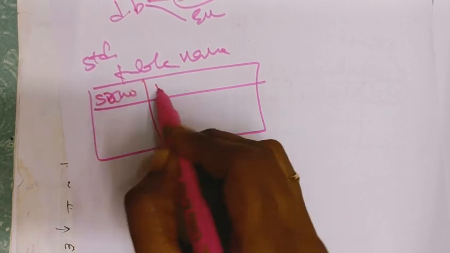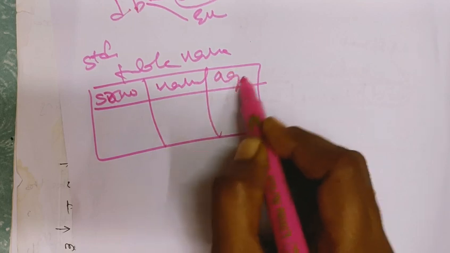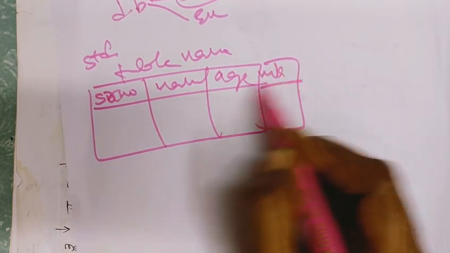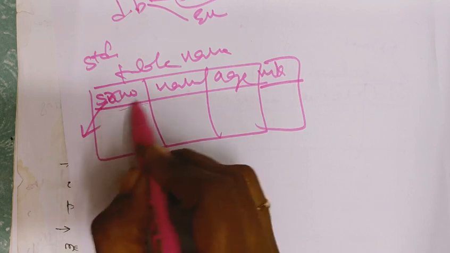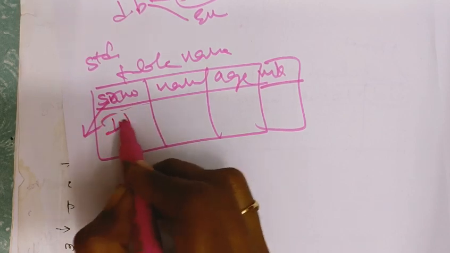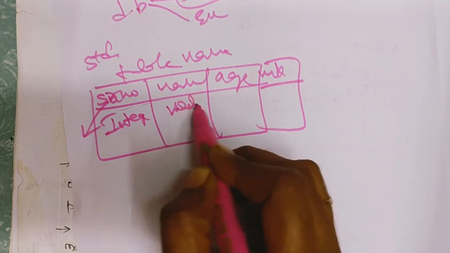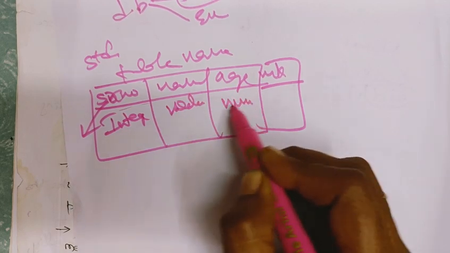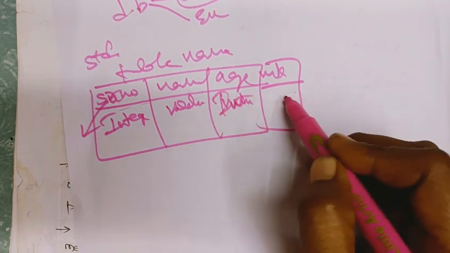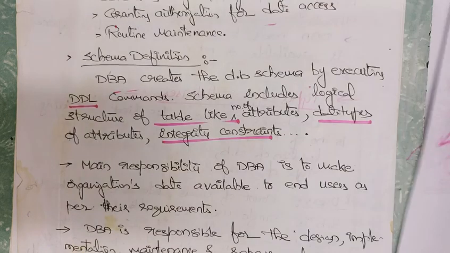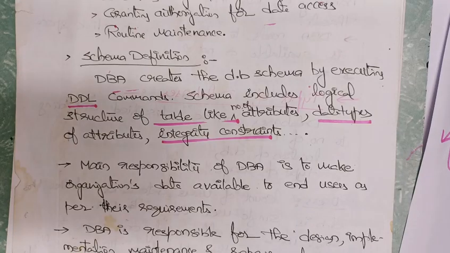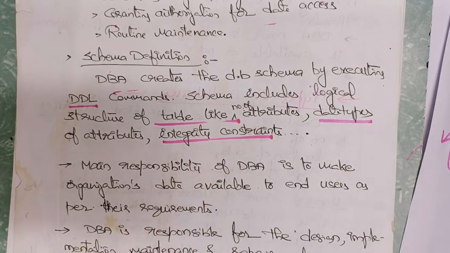For example, student roll number, student name, student age, student marks, and what data type is mentioned for each and every attribute. For example, roll number, integer data type, name, varchar, age, integer, next marks, integer, and so on. So here: what data type is used, the number of attributes used, and integrity constraints.